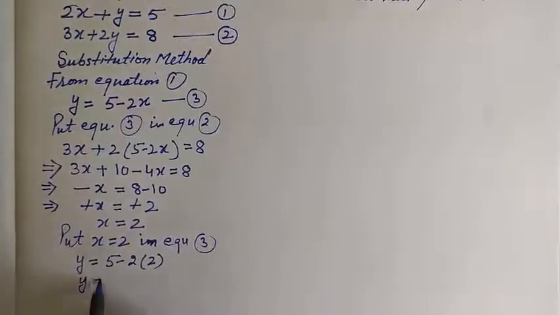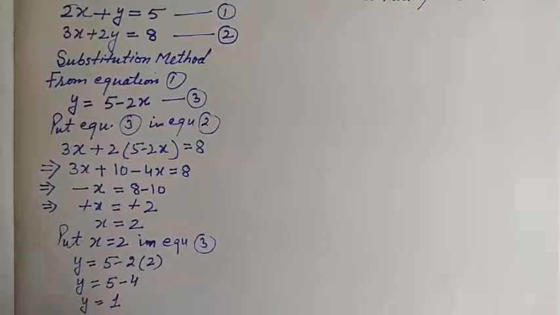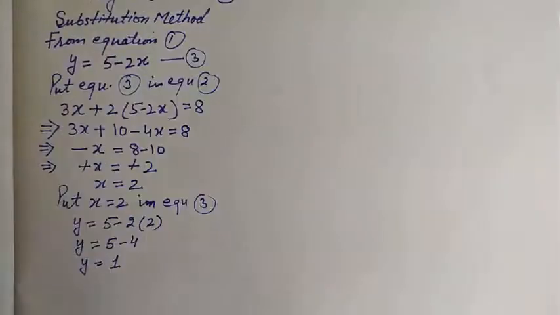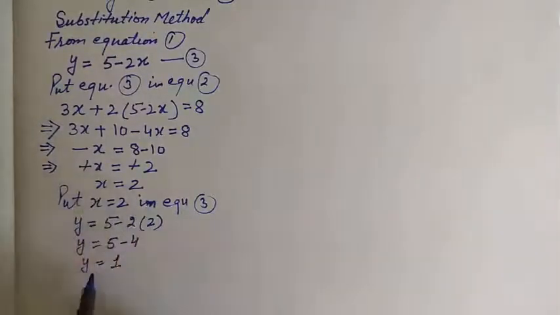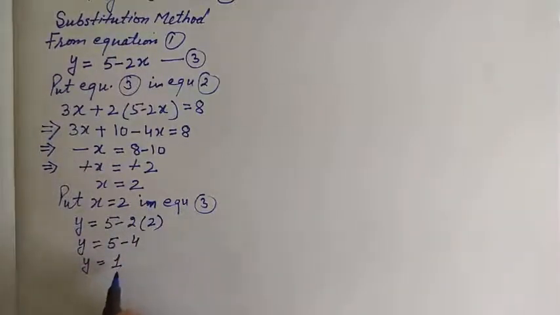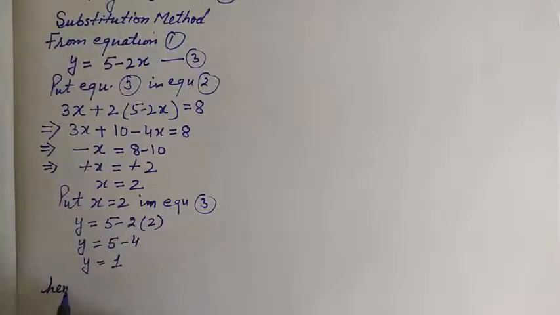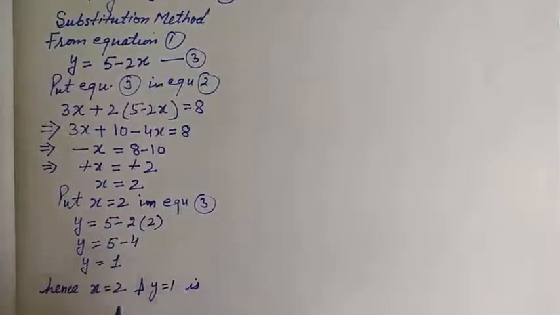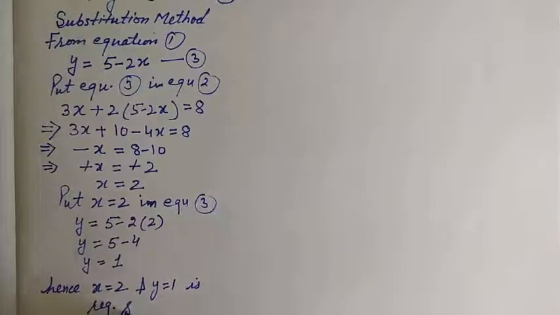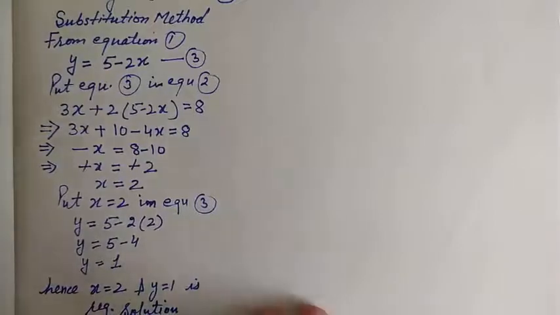So it becomes y is equal to 5 minus 4. So y is equal to 1. So it means x is equal to 2 and y is equal to 1 is the solution of this equation. So we'll write, hence x is equal to 2 and y is equal to 1 is a required solution. So this way we will use substitution method.